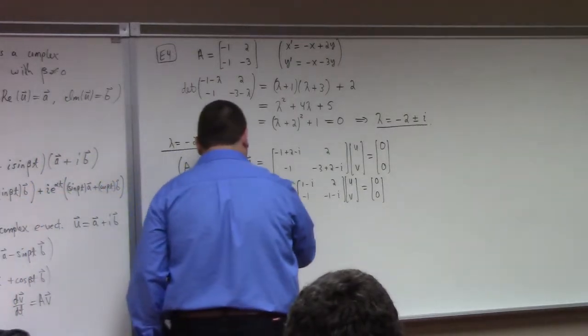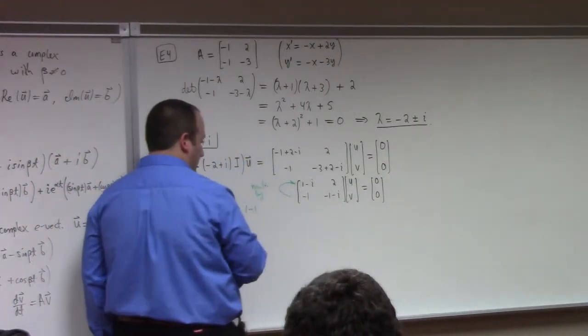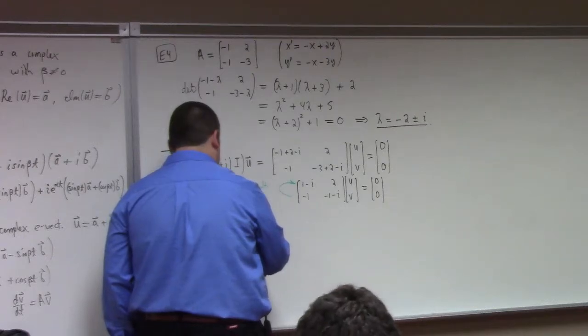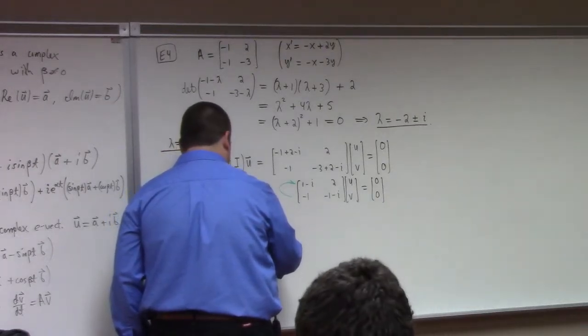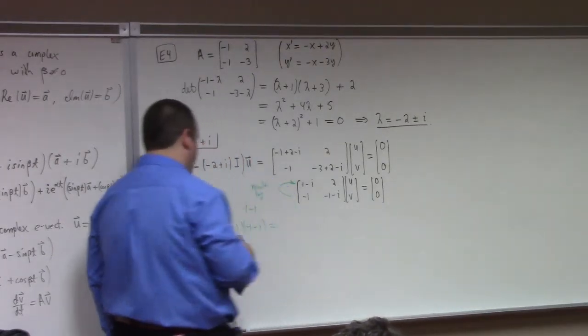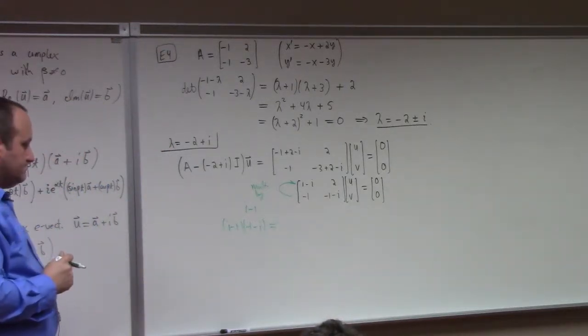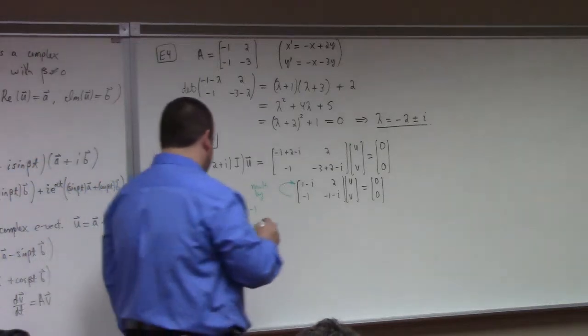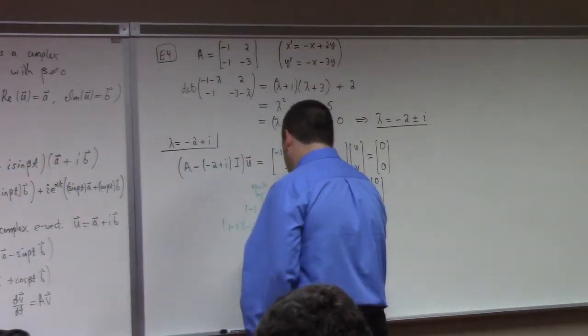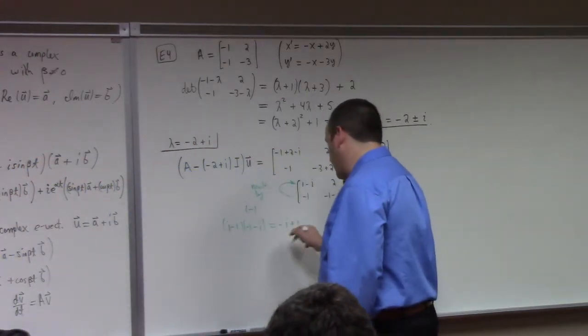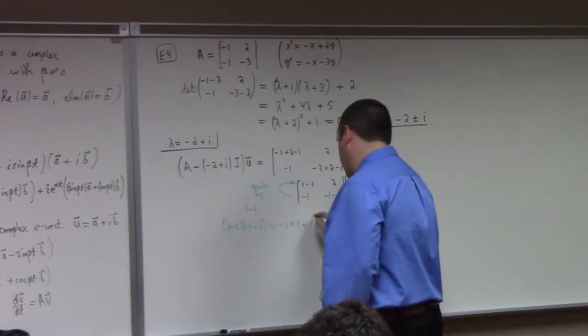So what happens when I multiply by i minus 1? Notice that i minus 1 times minus 1 minus i is equal to what? Minus i plus 1 minus i squared.